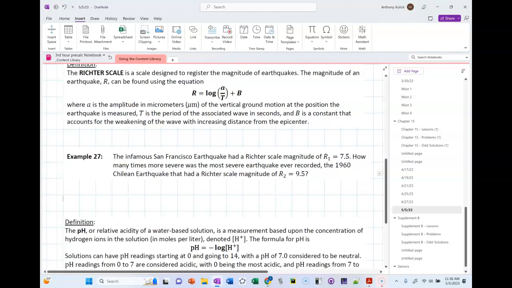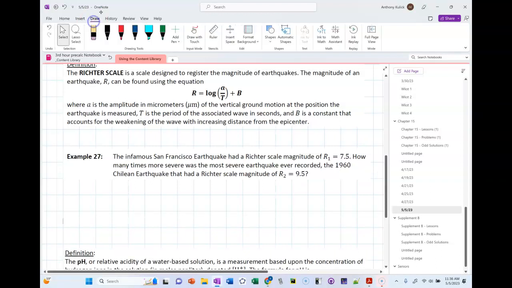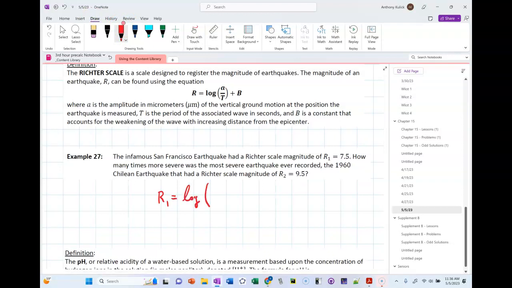So notice that we weren't given a lot here. So I know R1, if I just plug this in, and that should be, all of that's going to equal 7.5.